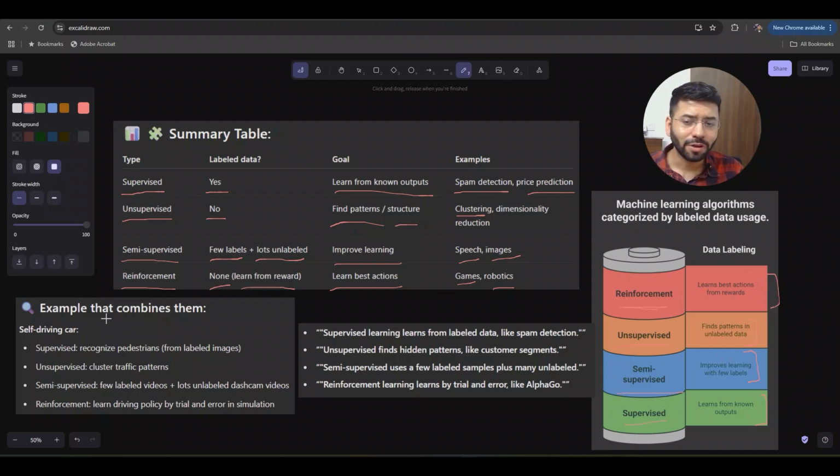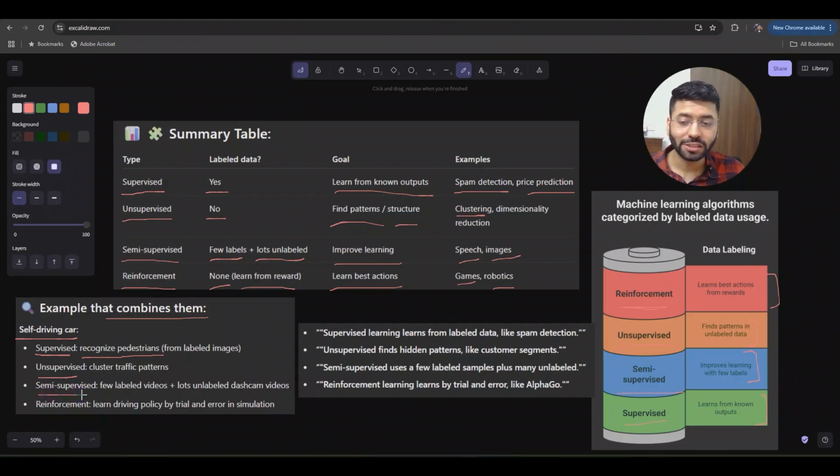So let's take an example which can combine all four of these. Let's talk about the self-driving car. In that, the supervised version would be you recognize the pedestrians from the labeled images. Talking about the unsupervised, you cluster traffic patterns. This is kind of variable stuff, right? The traffic can vary. So that comes in the unsupervised.